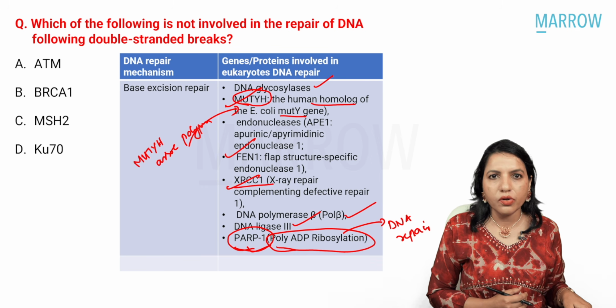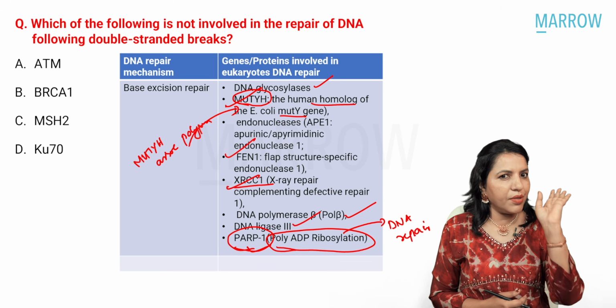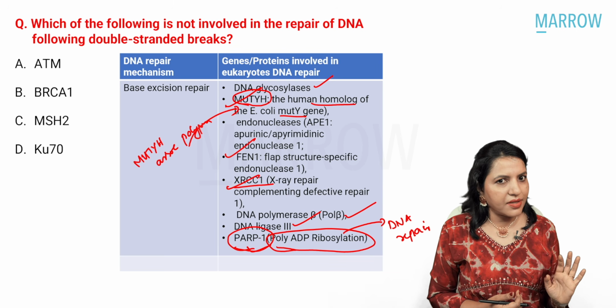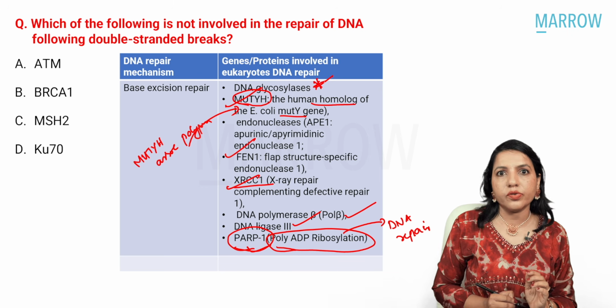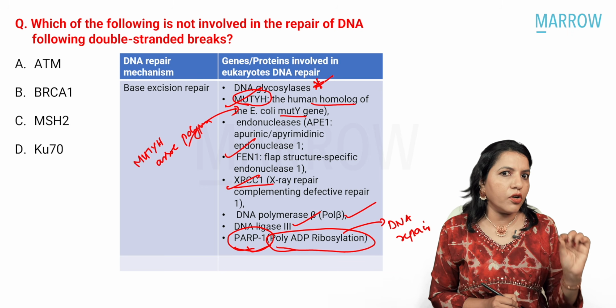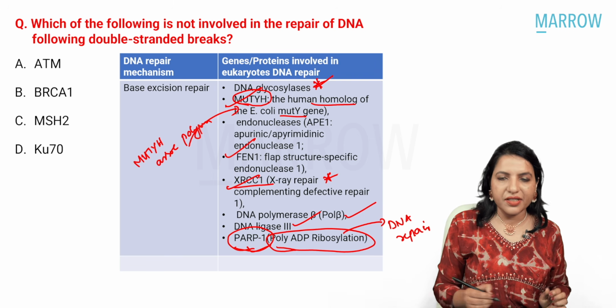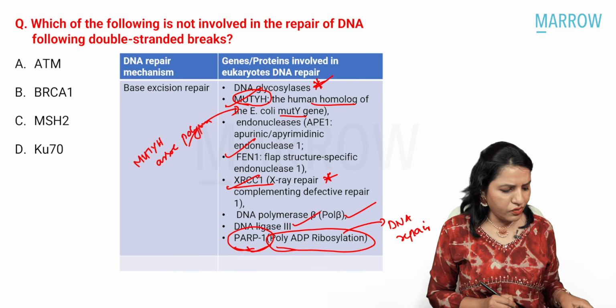So for base excision repair, at least remember MUT-YH. Polymerases and ligases are there for all repair mechanisms. Also remember glycosylases, which are exclusively for base excision repair. One more I have given here is XRCC1. If you can remember, okay, otherwise also fine.